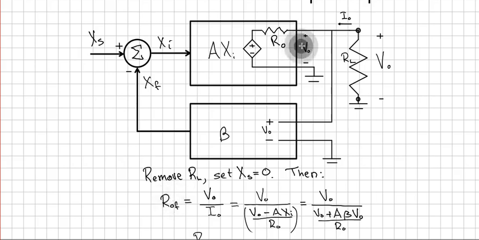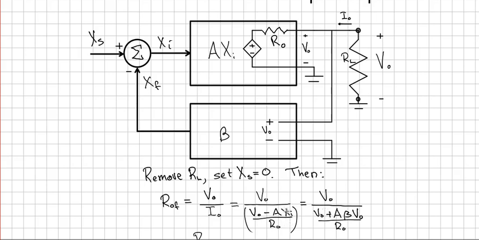It's the output voltage divided by the current that would be going through the output voltage test source that we put on here, value V out. So it's V out divided by I out, and this I out is really equal to, well, there's 0 going down this path right here, so it's equal to V out minus AXI divided by R out. And we replace that down here in the denominator of the equation.